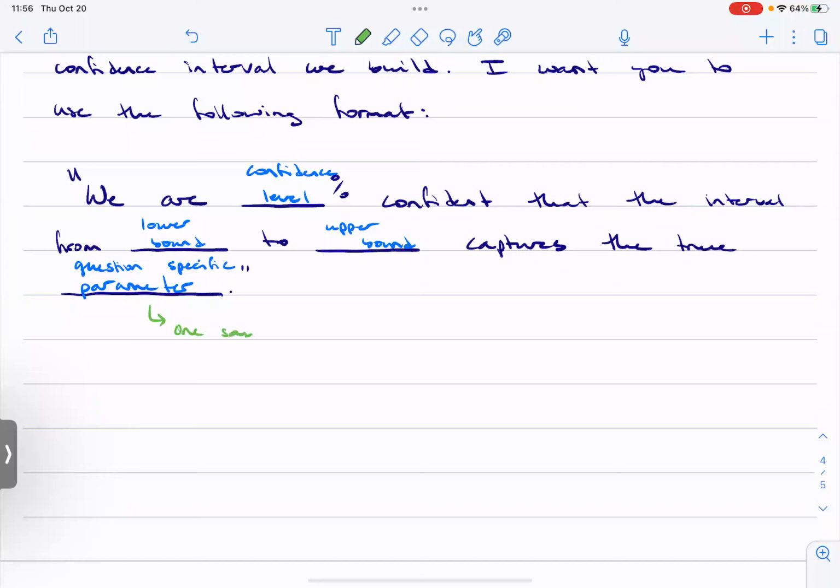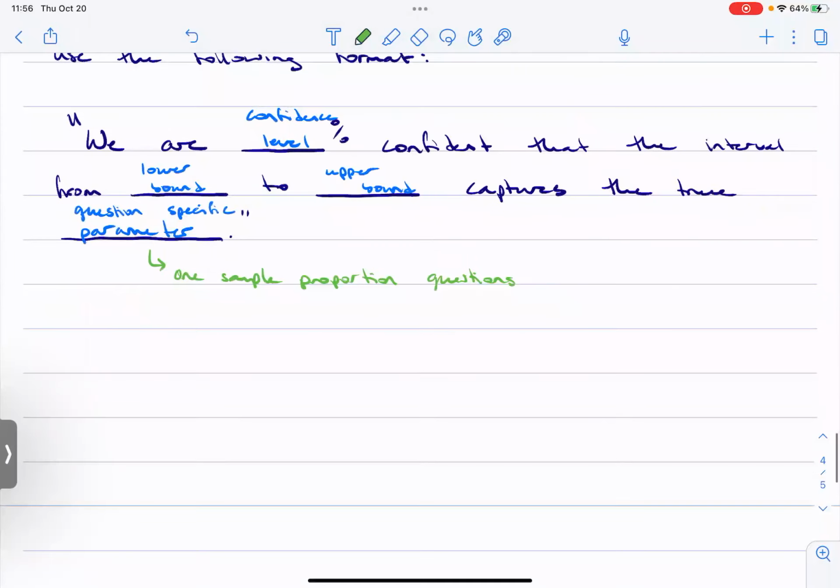For one sample proportion questions, which is what we're talking about here, it's going to be the population proportion.